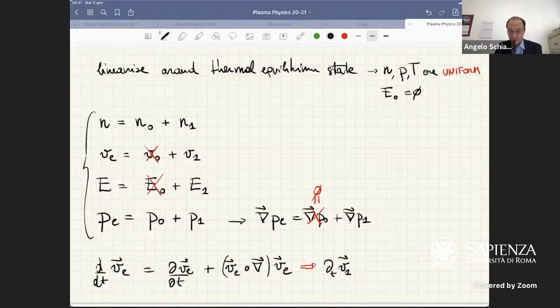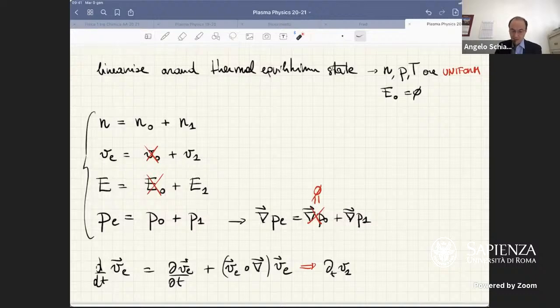I'm going to drop here the vector notation, the vector sign. Why? Because we are working in 1D, so the velocity vector and the electric vector will have just a component along the wave propagation, as we said. So we seek a 1D solution.